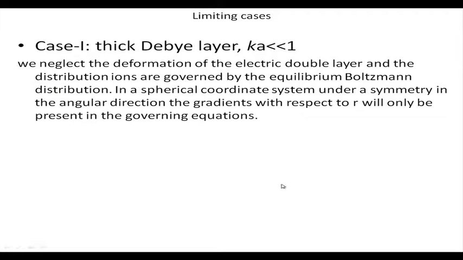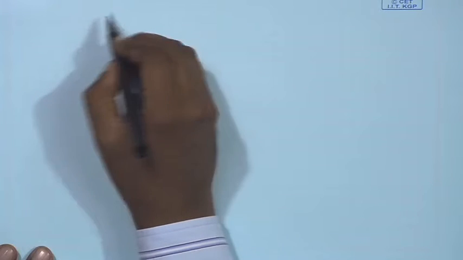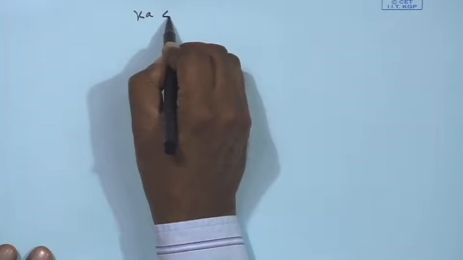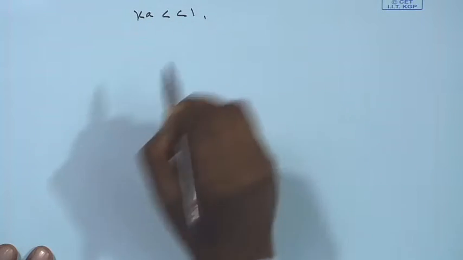Now, first let us talk about the limiting situations. That is, the case where the Debye layer is very thick. So, in that limiting case, kappa a is very low, thick Debye layer.